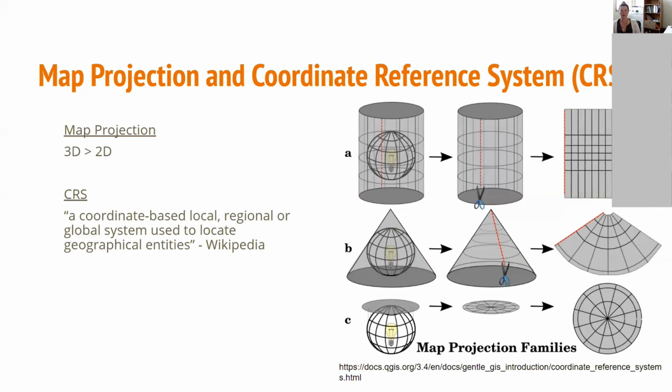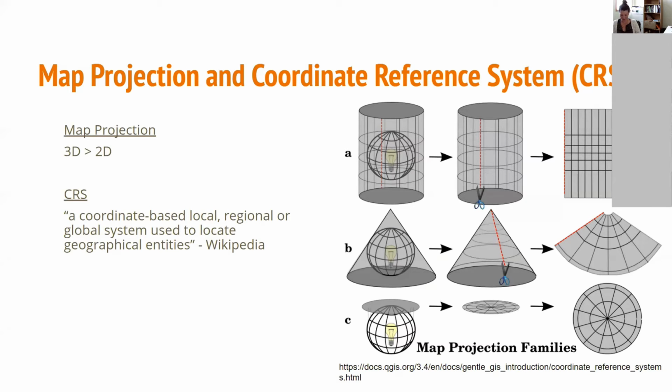Okay, so very long-winded, but I think we're finally at the beginning of our geospatial topics. The very first thing I want to cover are coordinate reference systems and map projections. This is really the foundation of geospatial information.